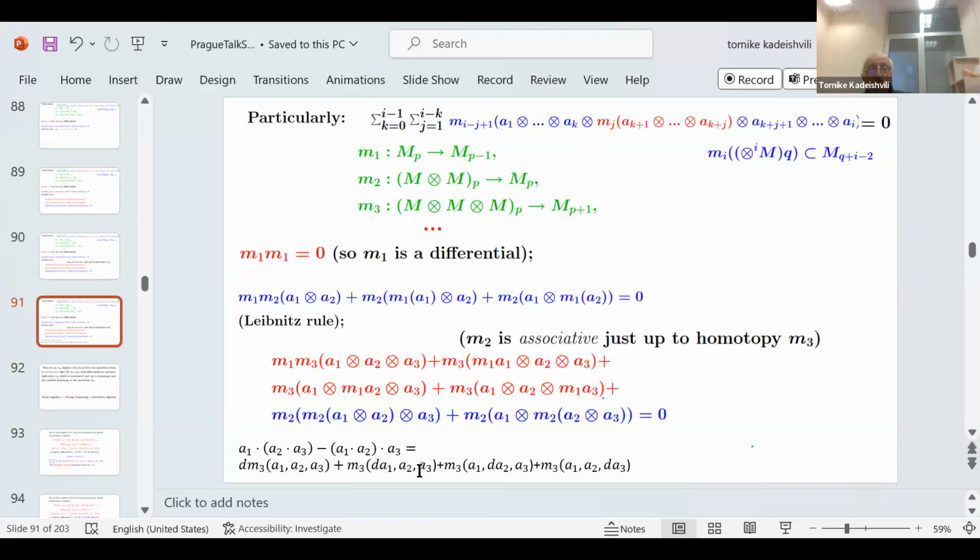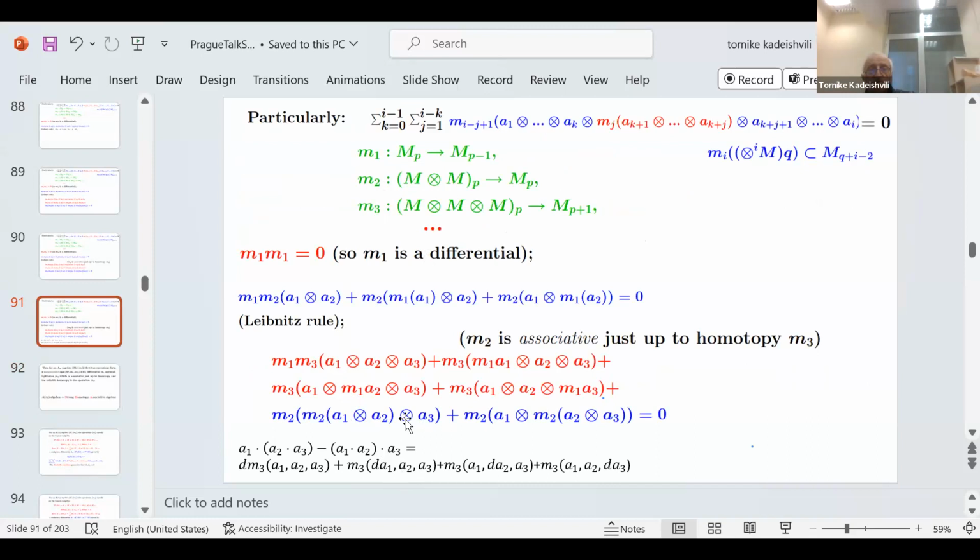Why homotopy associative? Because M1 is the classical differential, M2 is the classical algebra, M3 is something new. What is new in M3? M3 is a homotopy which measures deviation from associativity.